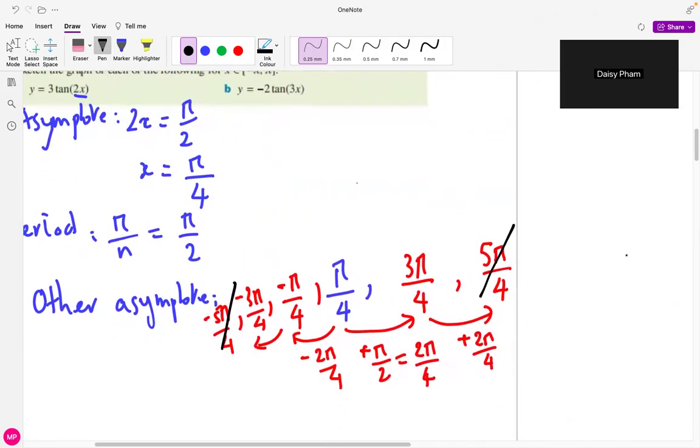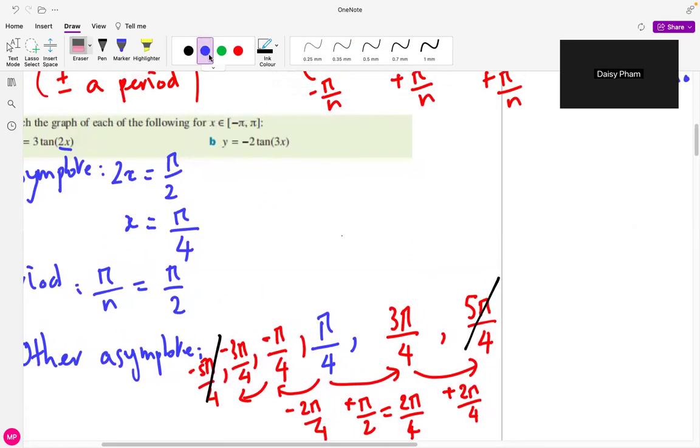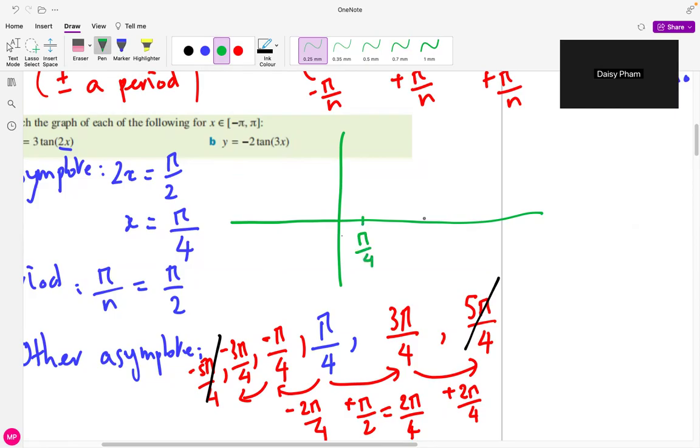All right, so we're going to put them on the graph. So let me just delete this and we do it here. What we have is all of the asymptotes. We're going to write them down. So we have π/4, 3π/4, so 2π/4 here, 3π/4.